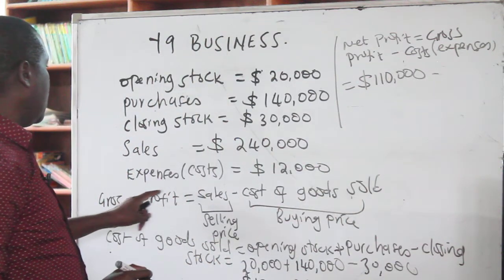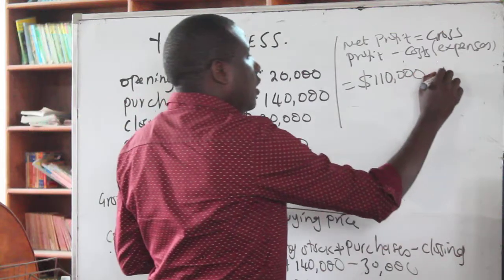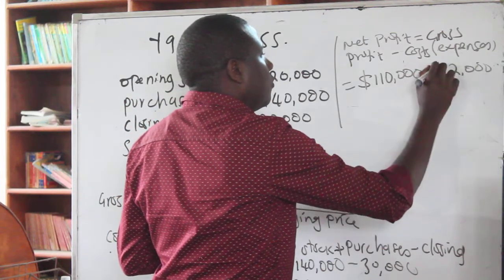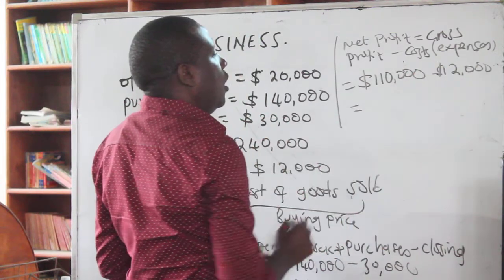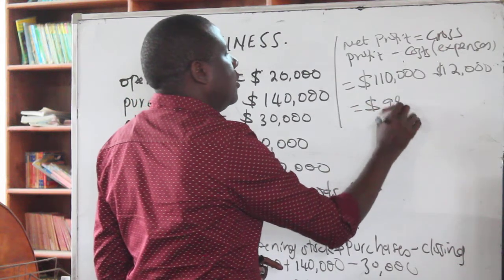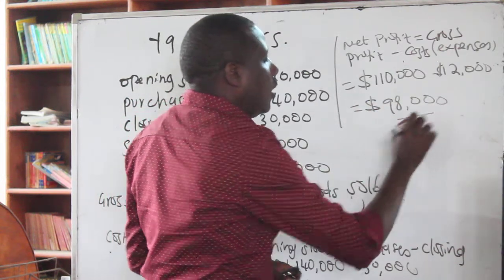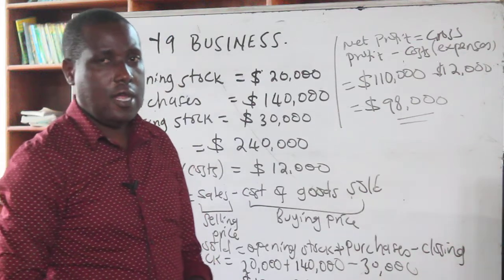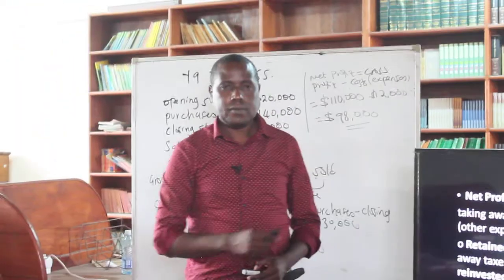We said what? $12,000. This one gives us $98,000. That is the net profit.